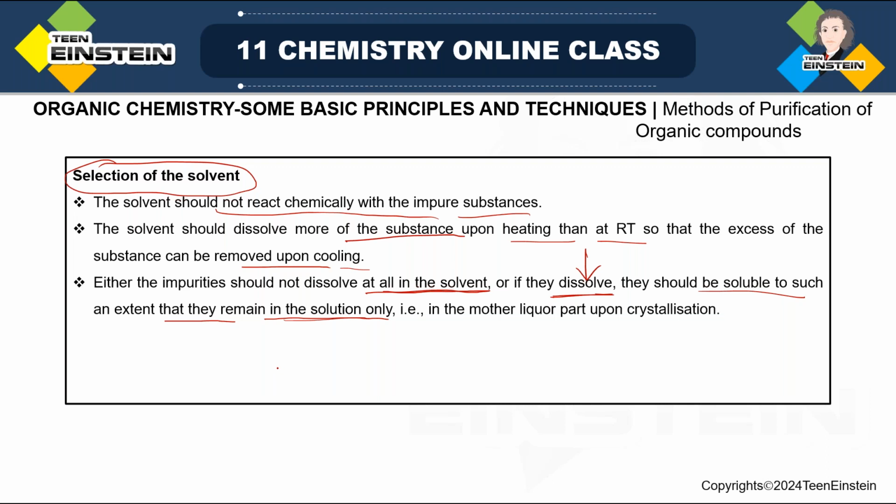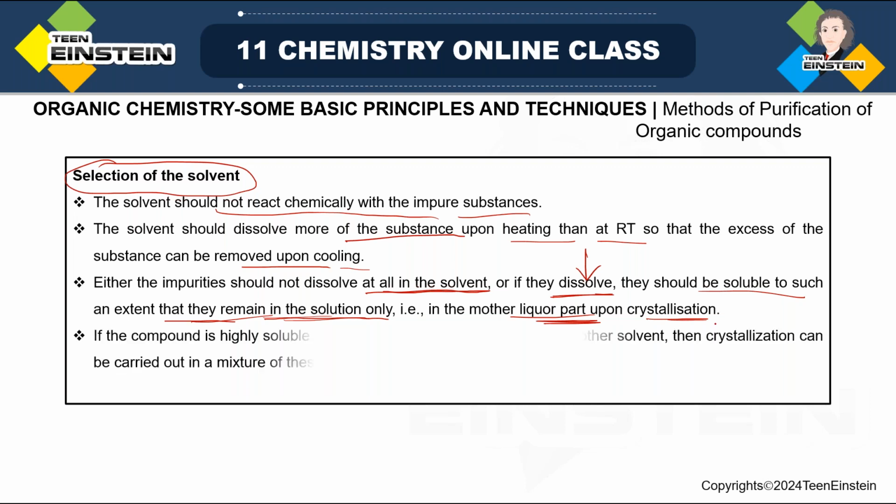So their solubility should be basically good in the second case, in the mother liquor that is left upon crystallization. They should remain in the mother liquor, not in the crystal.